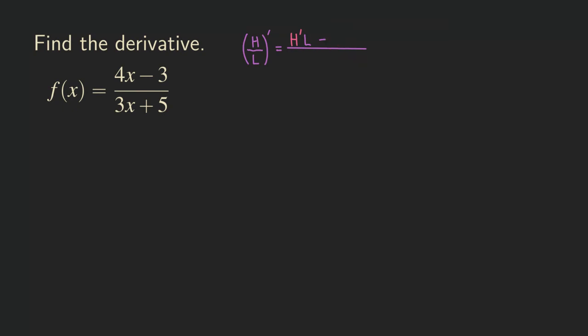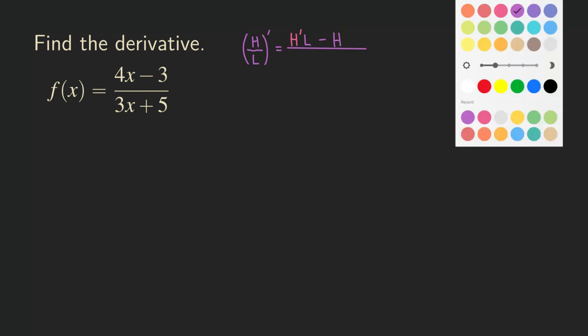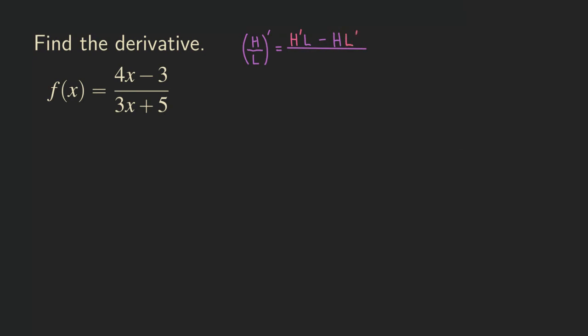The high function doesn't change, so we just copy whatever you see in the numerator, and then multiply it by the derivative of the low function. And what do we get at the bottom? The bottom is really just the low function squared.